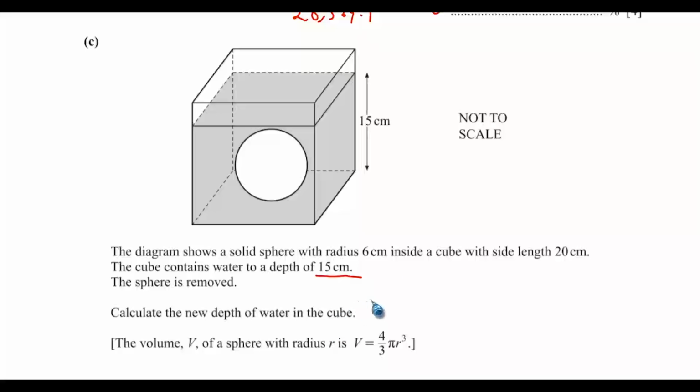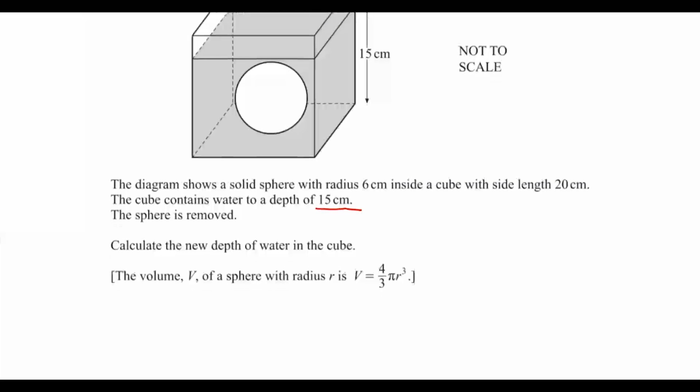What you need to do is to calculate the volume of the water when the depth is 15 centimeters. Then you also calculate the total volume when it is full. Then you subtract it from there and you can get the new depth. Let me show you.